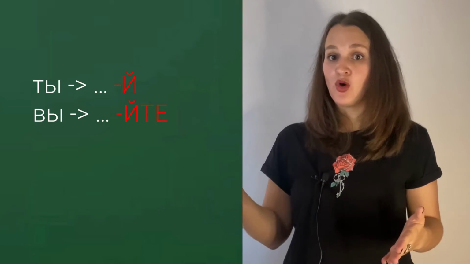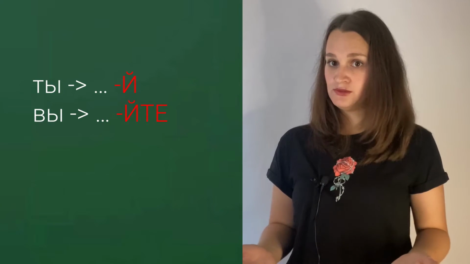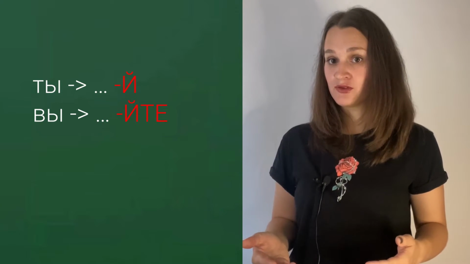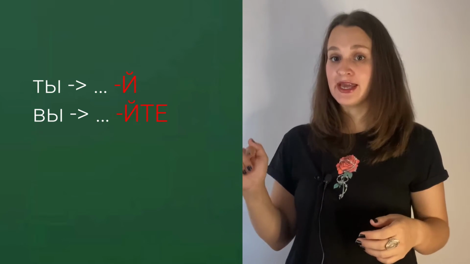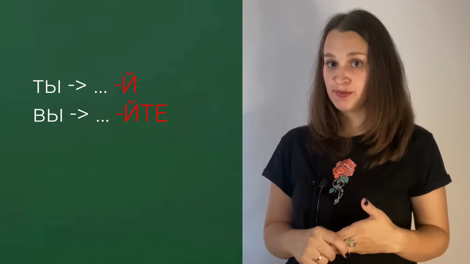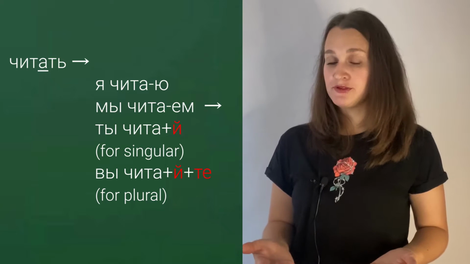There are four ways of formation. Way 1. If the stem without the ending ends in a vowel, then you need to add й to the singular form or й and the ending те to the plural. Let's look at an example. The verb читать. This verb is imperfective.